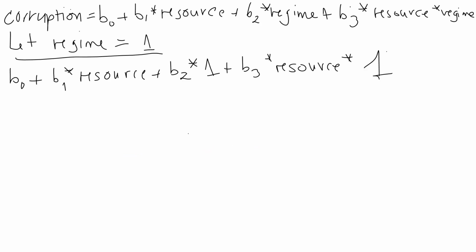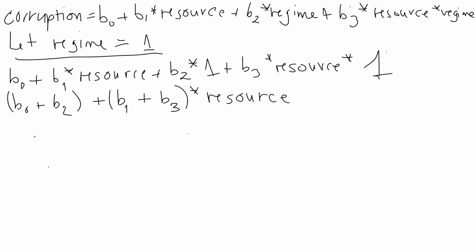Now we can go through the same process to obtain the differential slopes and intercepts for democratic countries. We start with the basic equation, but now we substitute 1 instead. Then in the same way, we can rearrange the like terms together.